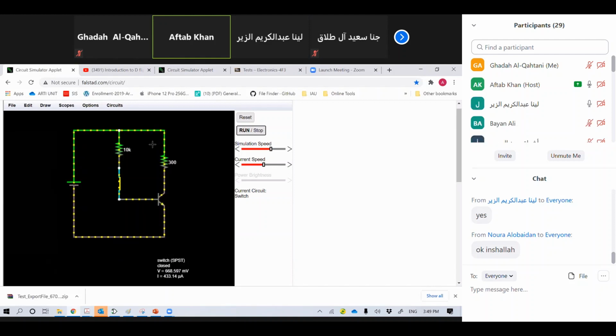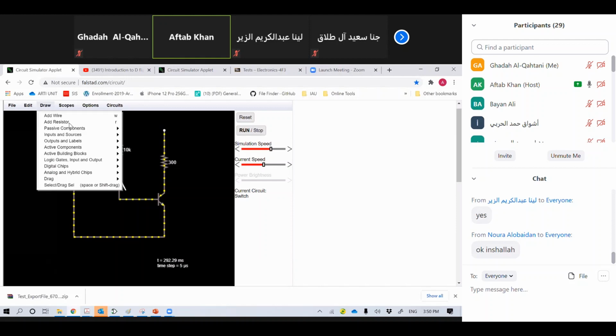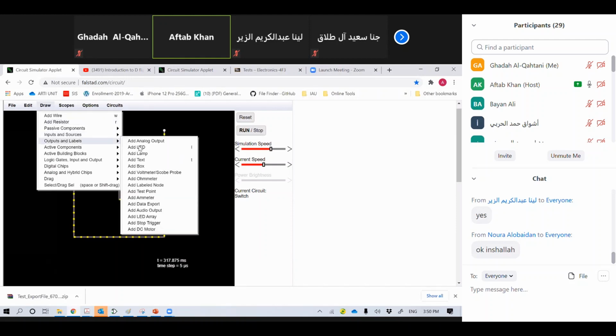So you know what we can do here, interesting. I can remove this one and draw here a passive input and output. So let's bring a lamp here.